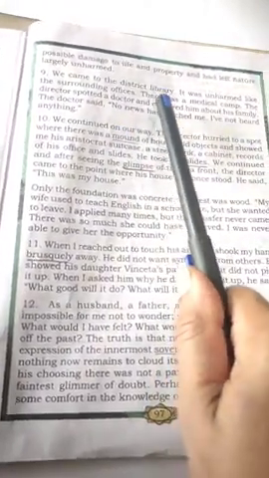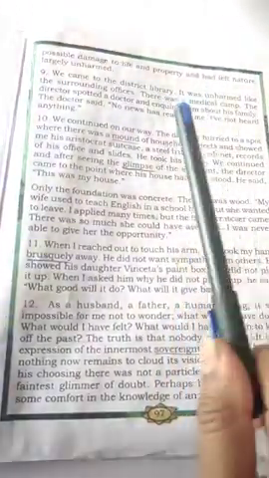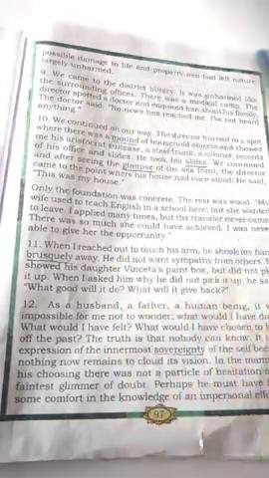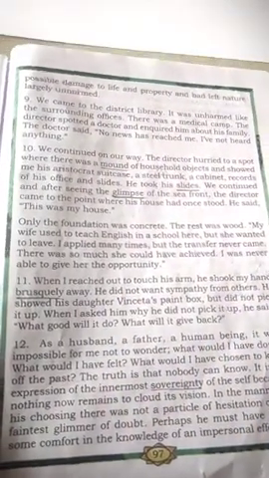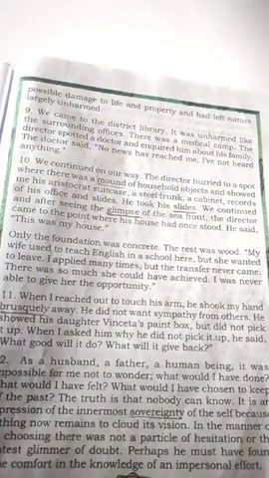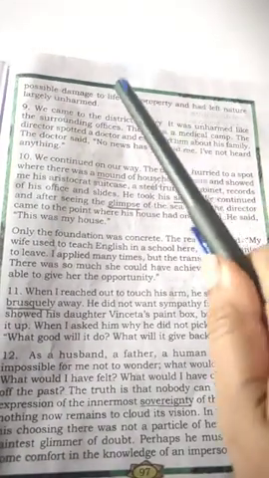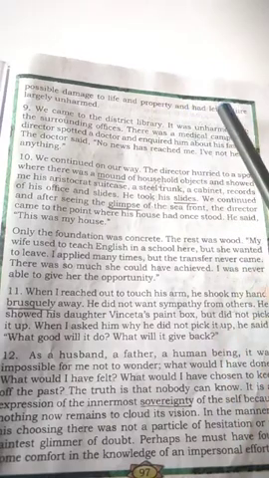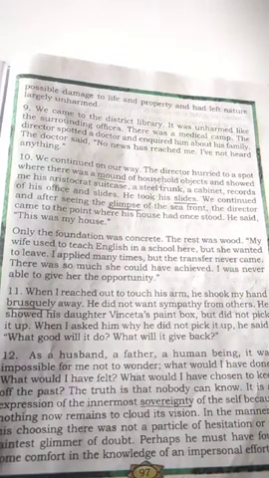It had caused maximum possible damage to life and property and had left nature largely unharmed. So it had caused maximum damage to life, meaning human beings, and their property.